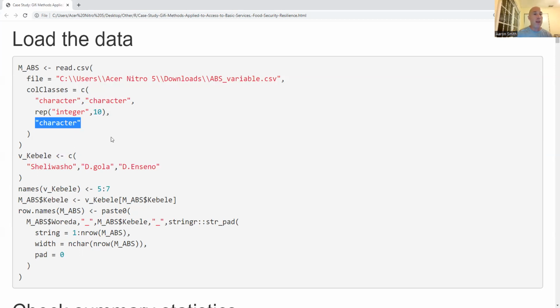Now, in this column of the data, it's coded as 5, 6, and 7, and so that's not very informative. There is a crosswalk back and forth.